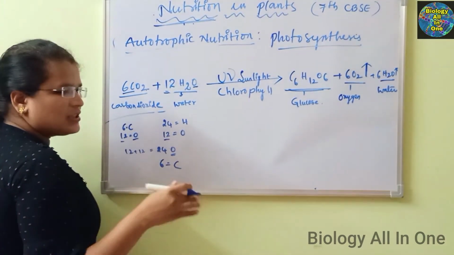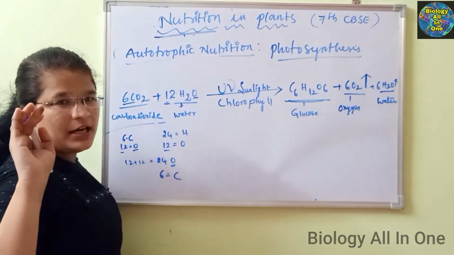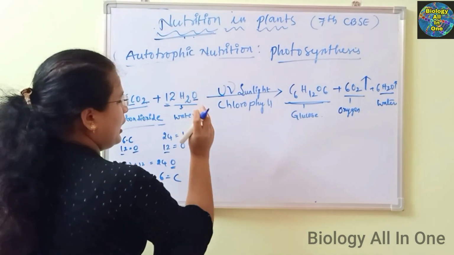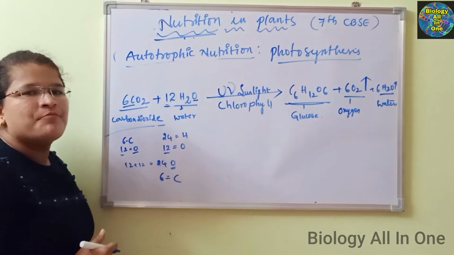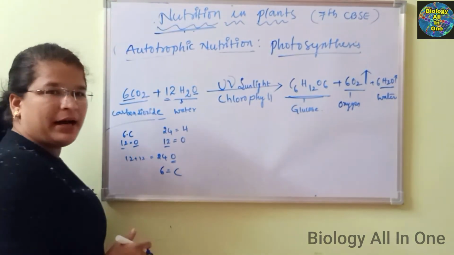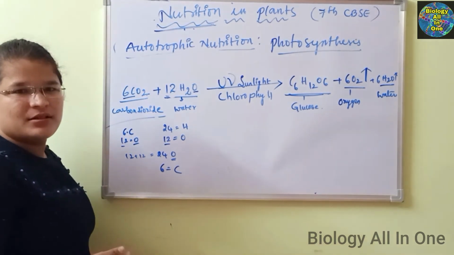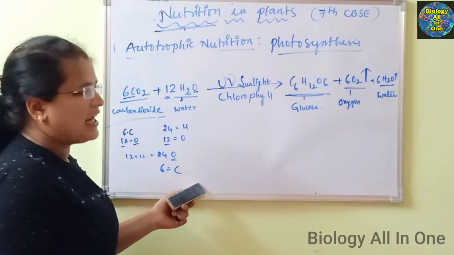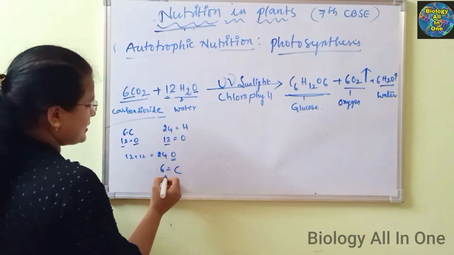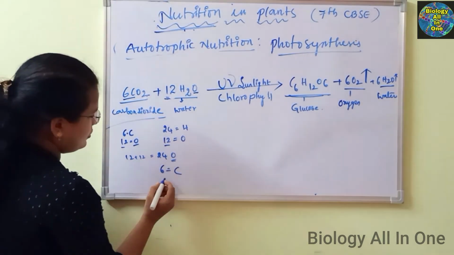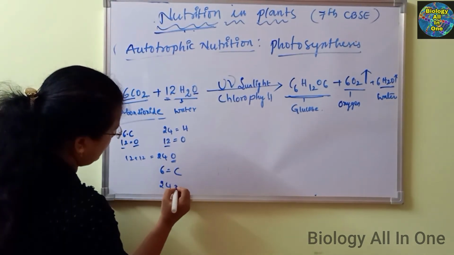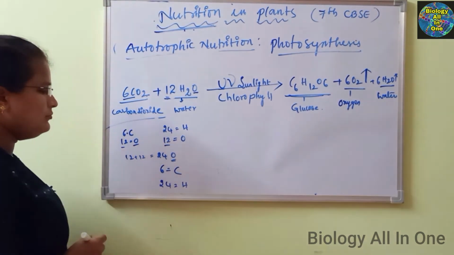If you balance like this, you can easily understand. As you are new to this topic, that's why I am telling you in a clear manner. If it becomes familiar to you, you can easily understand this. Okay, for your understanding, I am giving this kind of explanation. 6 carbons and 24 hydrogens are there.